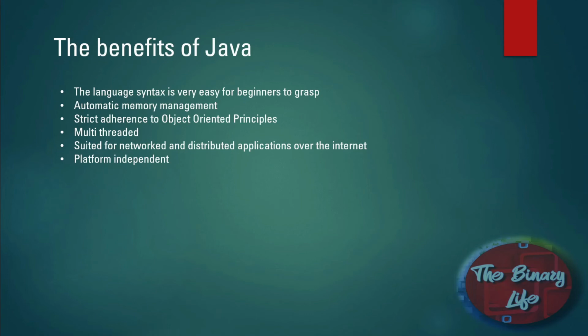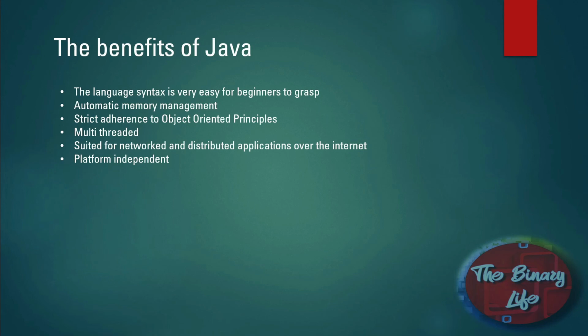Now we will try to understand what sets Java apart from other competing languages. First of all, the language semantics is very easy to grasp and very logical. We don't have to worry about how our code manages memory. Everything is handled by the Java virtual machine. At its core, it strictly adheres to object oriented principles, which we will discuss in our upcoming lectures.